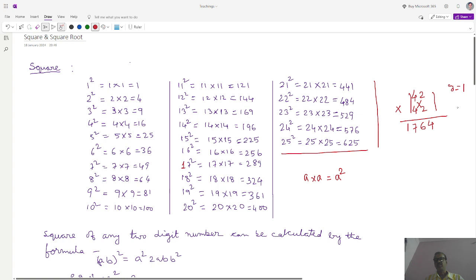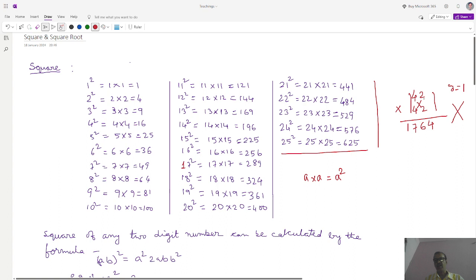In my previous video, I described the testing procedure for multiplication. If I apply this method, then I can easily find out whether this result is right or wrong.